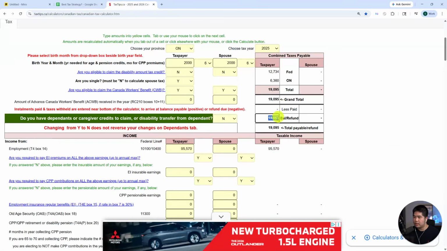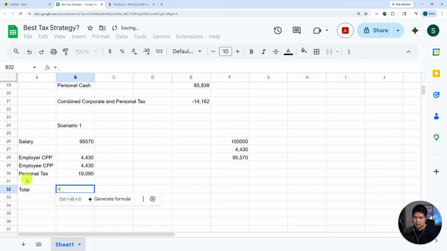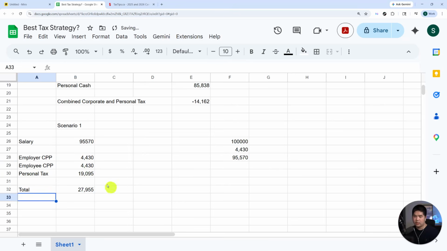And then your personal tax is $19,000. Then combine total. So in this case, you'll pay about $28,000, or if you exclude CPP, because it's not really tax, it's benefits or pension, and then it's $19,000.